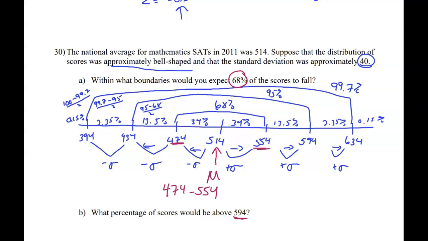Above 594. That's here. And all you have to do is add these two percentages, and that's going to be a 2.5%. Practice some more with some bell-shaped curves, and let me know if you have questions.